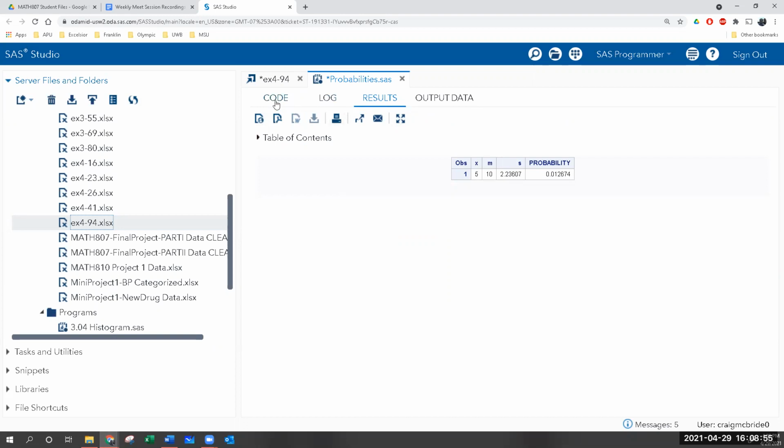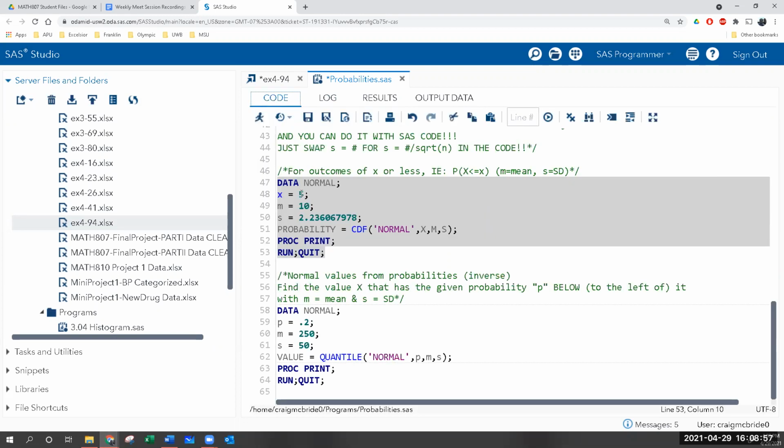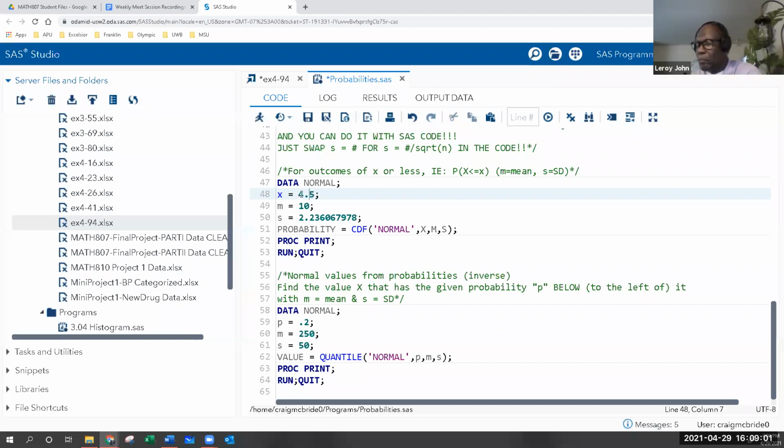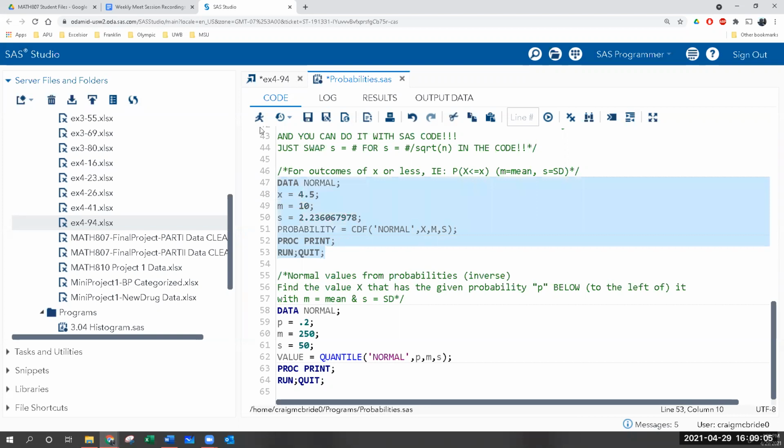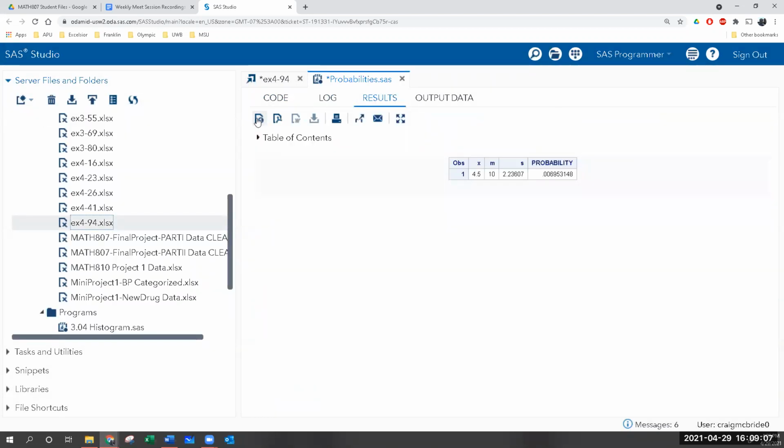And then, of course, in the second step, they want you to get a better answer by trying 4.5 instead of 5. And that's supposed to get closer. And that's much closer, right? Because the precise answer is like 0.0059.